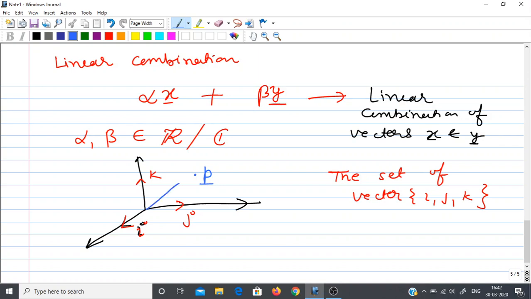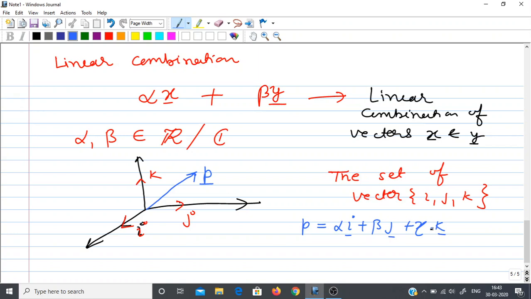Now this point P can be expressed in terms of these three vectors. So P can be expressed as alpha i plus beta j plus gamma k, where alpha, beta, and gamma are some scalars, whereas i, j, k are vectors. Gamma is the scalar, and k is the vector.